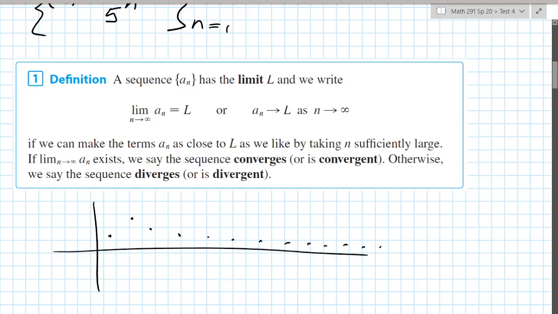So here we might have this set of dots, and this is n equals 1, n equals 2, n equals 3, n equals 4, and so on. And here it would look like this would be our L, whatever that is. And this looks like a convergent sequence.